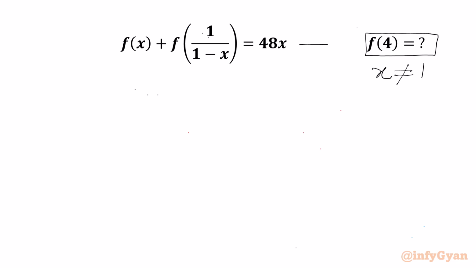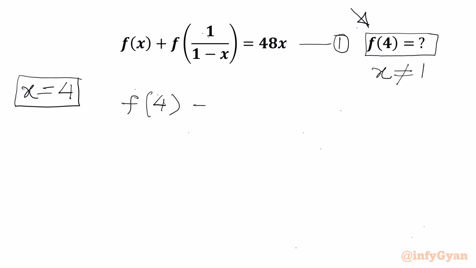I will begin with considering this equation as equation 1. Now we have to target f of 4. So I will plug into our equation x equal to 4. So we will get f of 4 plus f of 1 over 1 minus 4 equal to 48 times 4, which will be equal to 192.